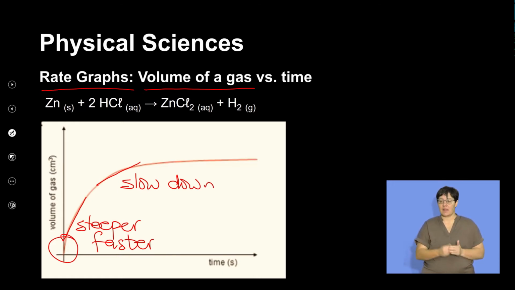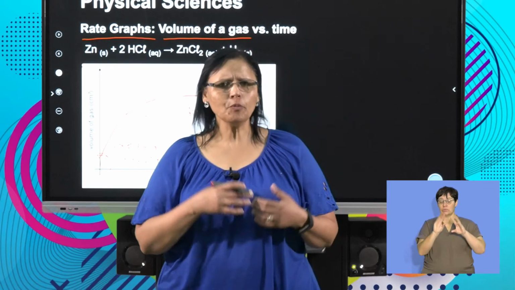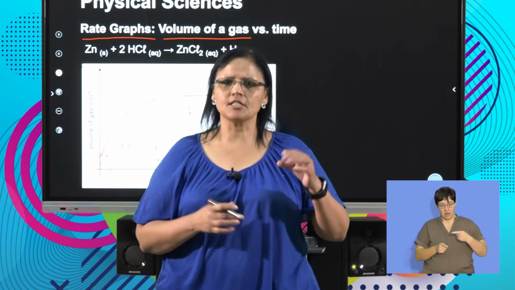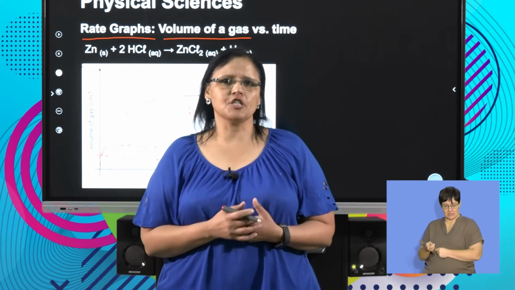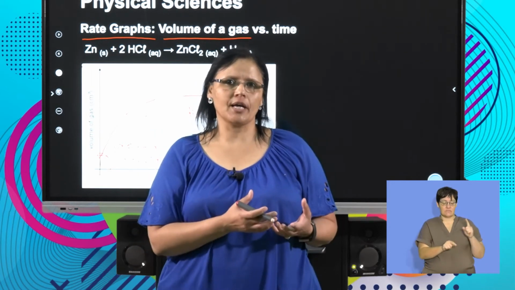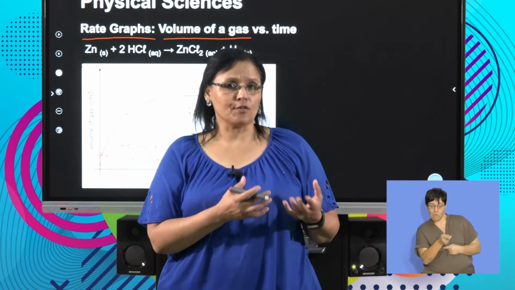At the end, we have a parallel line to your time axis, and that parallel line to the time axis is actually an indication of your reaction that stopped. Just remember, when your reaction stops, when it's a one-way reaction where the reactants form product, it basically just means that one of our reactants is used up.